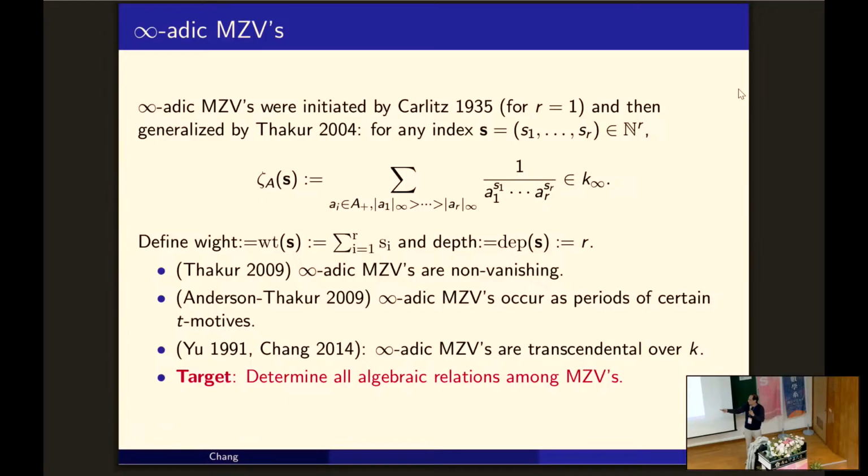So in the function field case, all multiple zeta values are transcendental over K. And in the classical case, the transcendence of MZVs is still an open problem. And the topic is to determine relations.